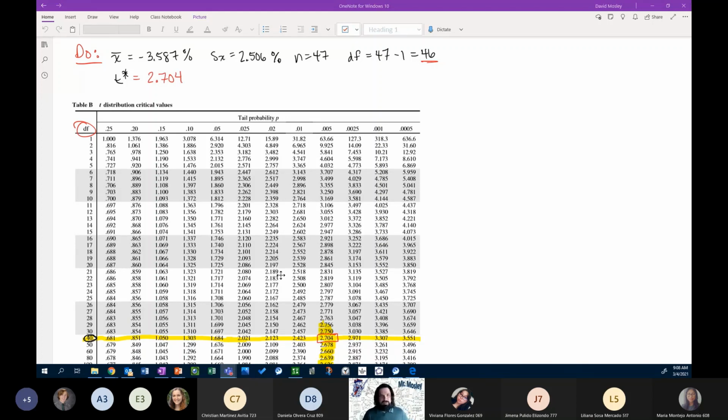Now we can find our interval. So we will now do our calculation. We have x bar, negative 3.587, plus or minus t star, 2.704, times s sub x, 2.506, divided by square root of 47.